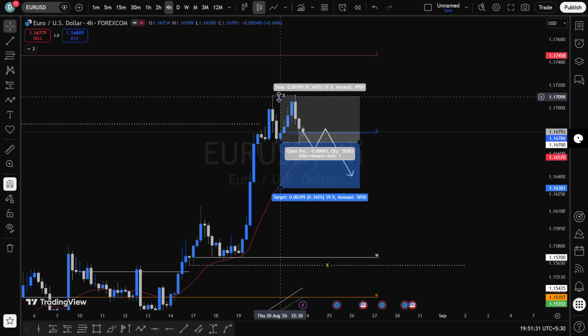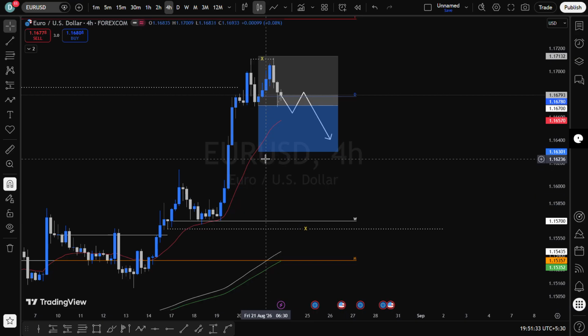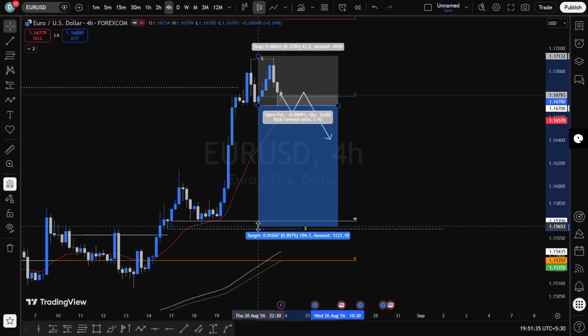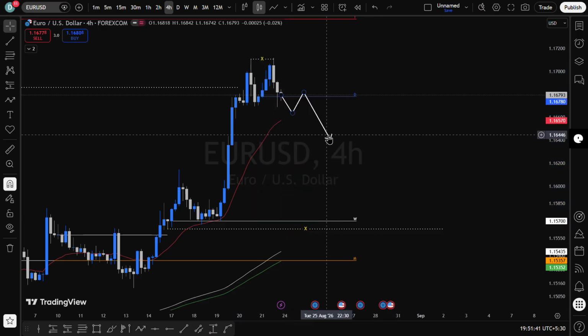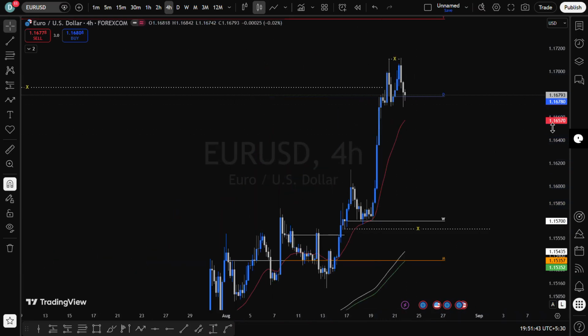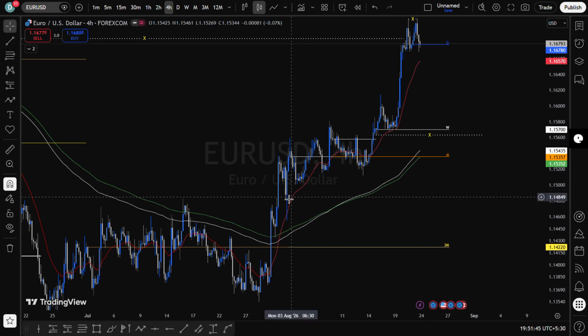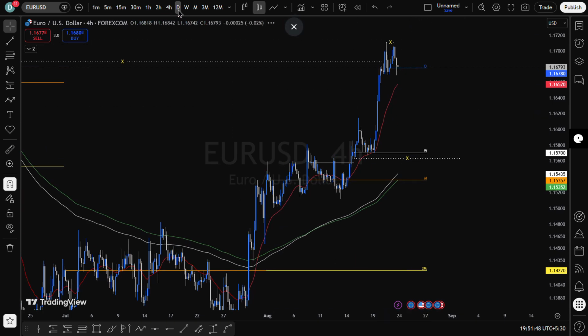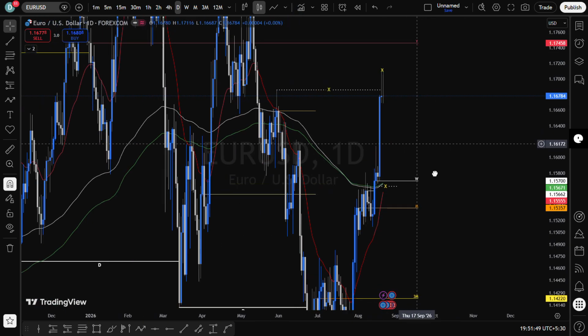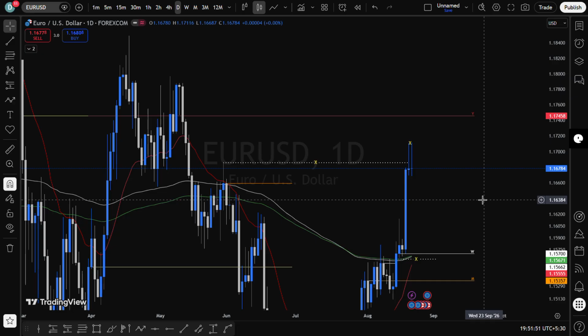So we can make a 2 to 5 risk to reward trade here, but I am not going to take this trade because EUR/USD is super bullish, and if we want to eye some shorts, we need to form some structure here on the daily, then only can we eye some shorts.